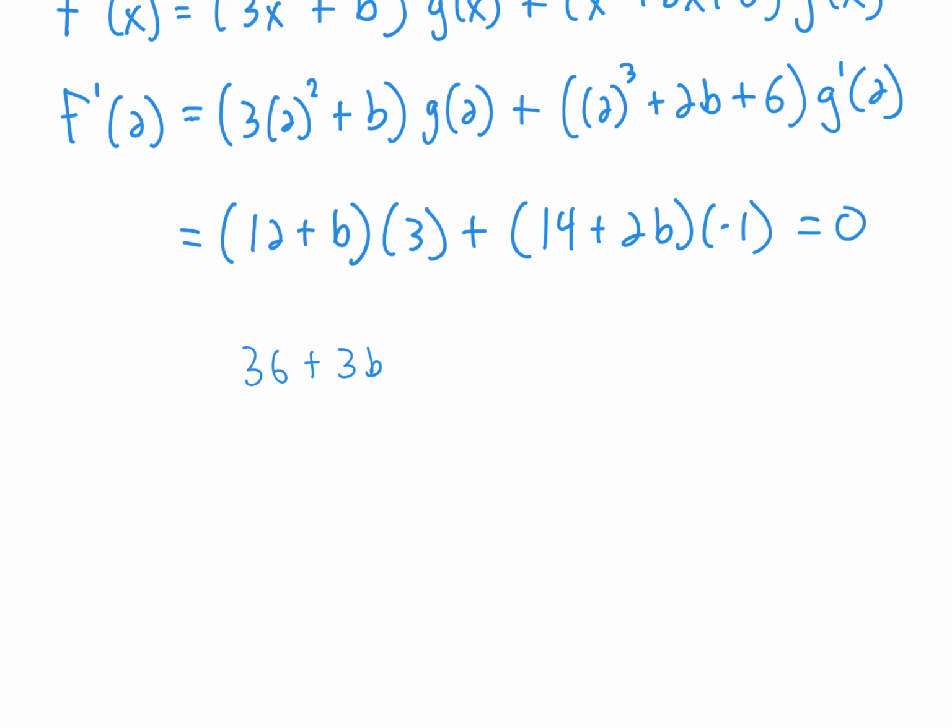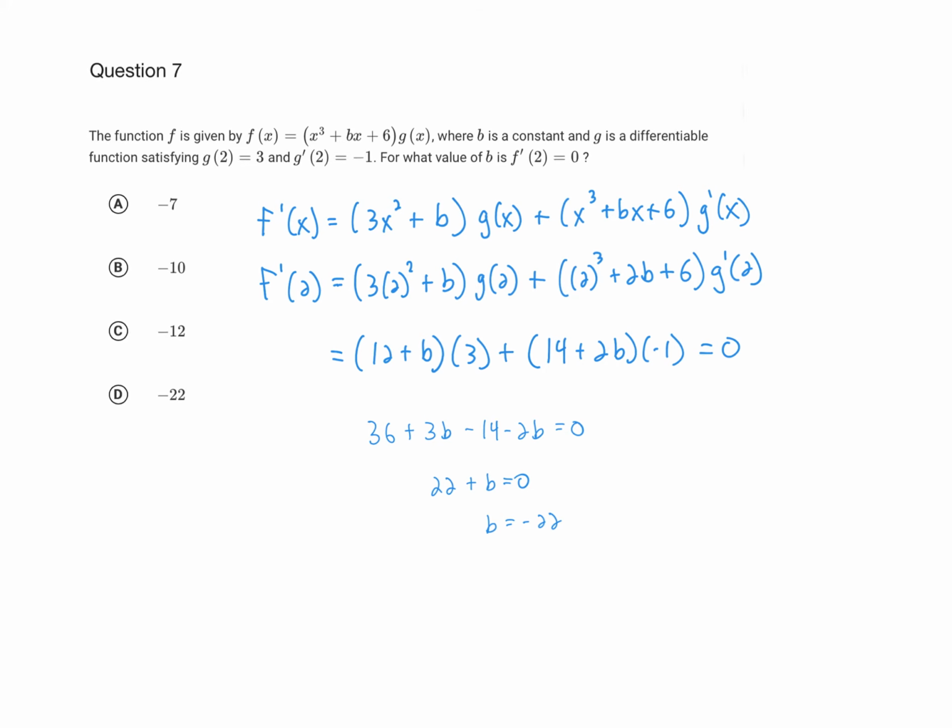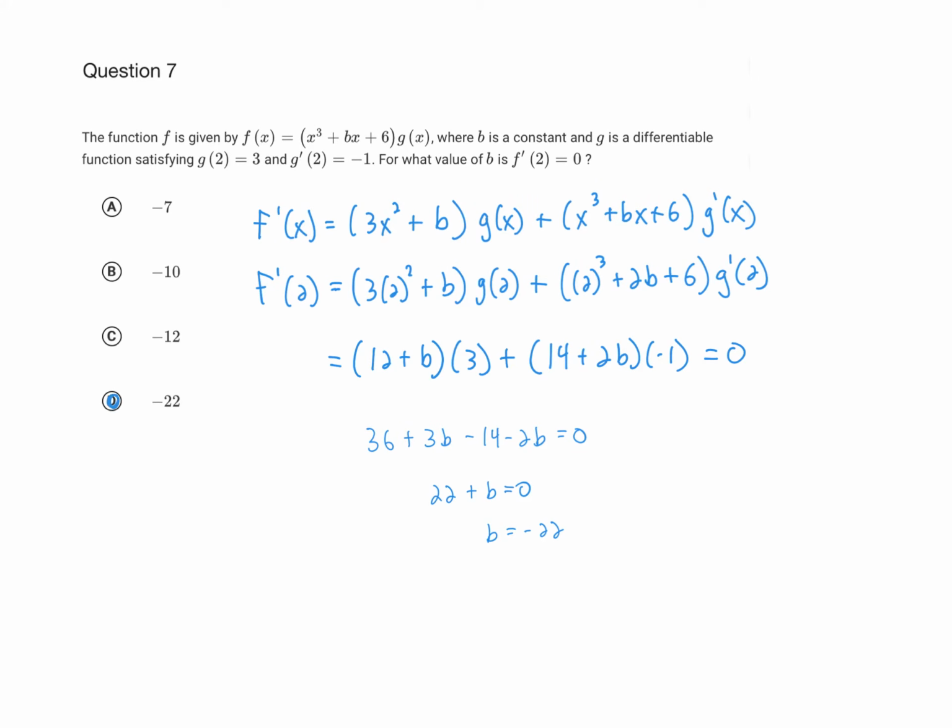Okay, and then distribute that negative. So negative 14 minus 2b equals 0. All right, then start combining like terms. 36 minus 14 is 22. And then 3b minus 2b is just b. And so b is negative 22. All right, so that's d.